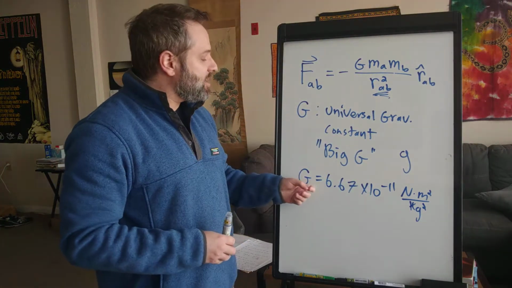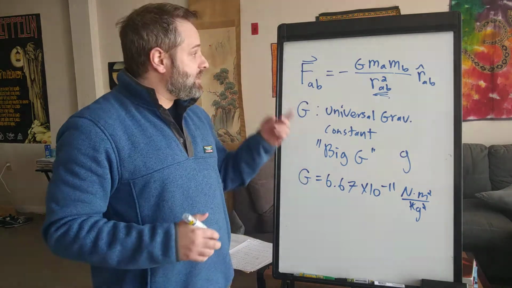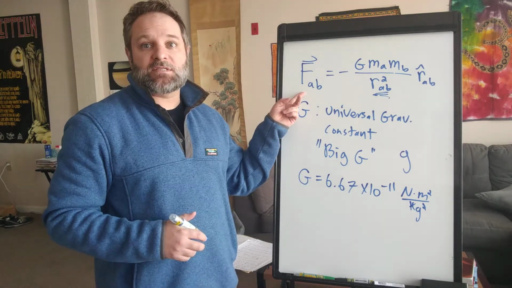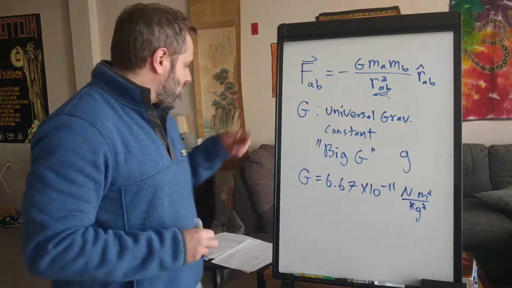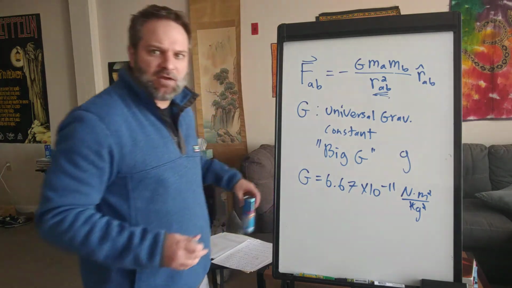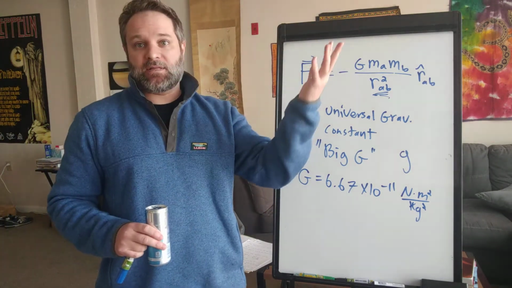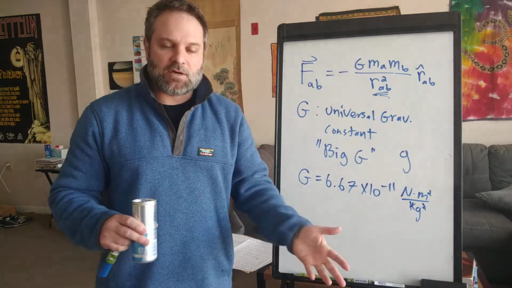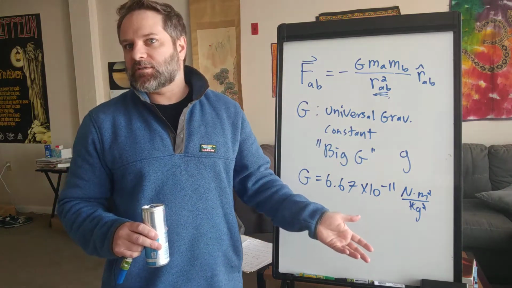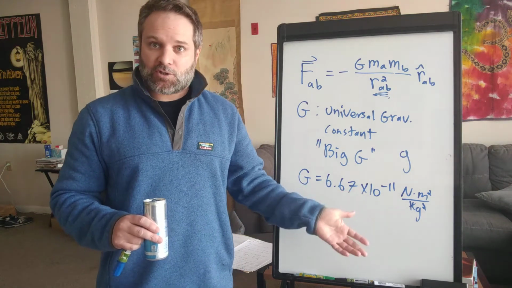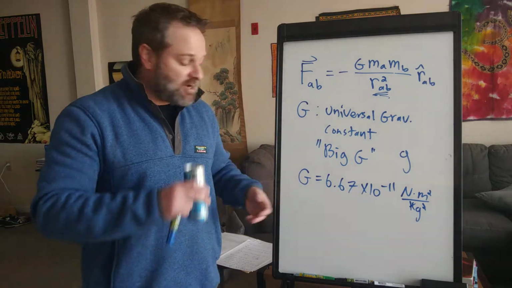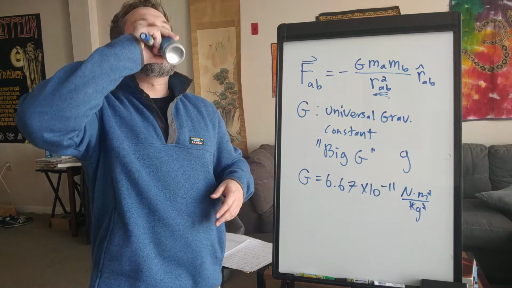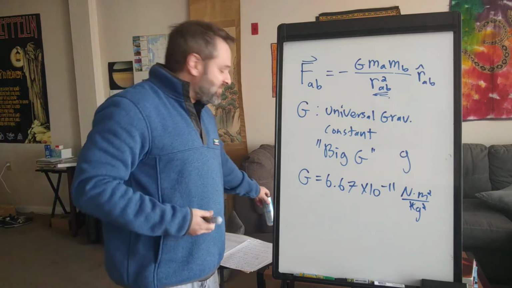So this number is really, really tiny, and that tells us that the force of gravity is extraordinarily weak. You may think, well, how is the force of gravity so weak? It's the thing that holds solar systems together, holds a star together, holds us to the Earth. You might think at first thought that it's a very strong force, but if we compare it to the other forces, we can see that it's very, very weak.